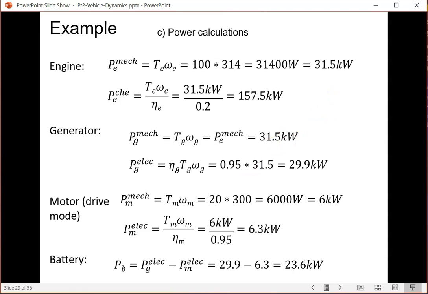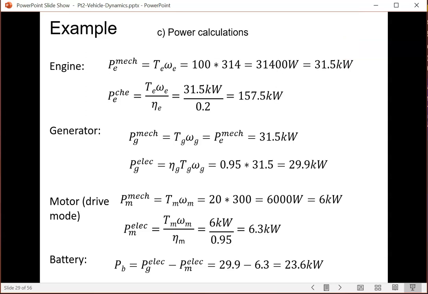That's the output power of the engine, which is mechanical. I can put that into kilowatts as well, which will be fine as long as I keep every other power in kilowatts for my calculations. Then it should be okay. Now the output power of the engine is 31.5 kilowatts.